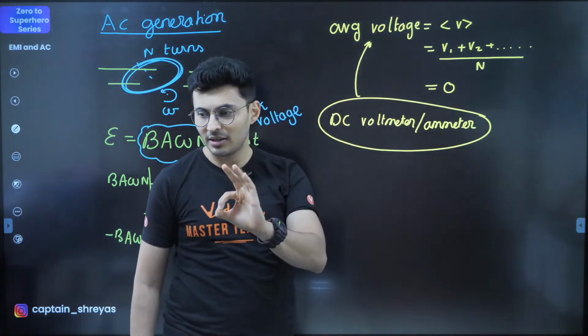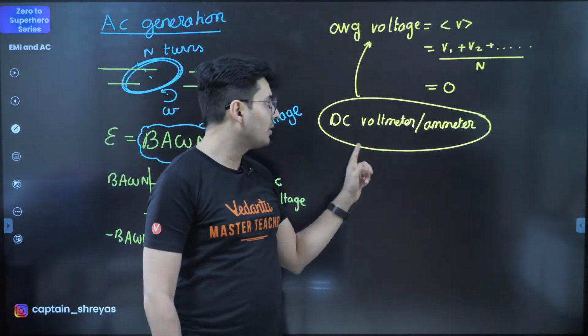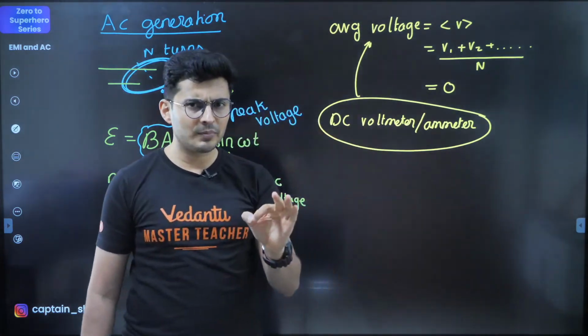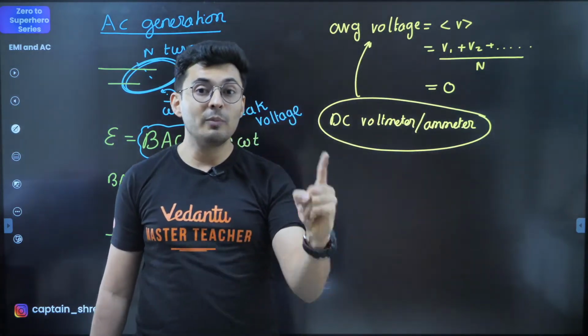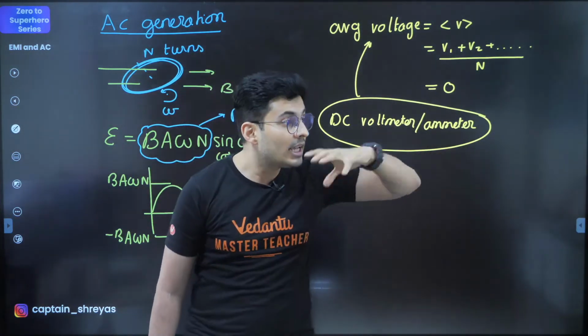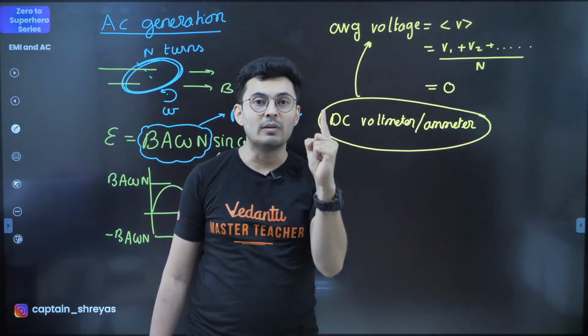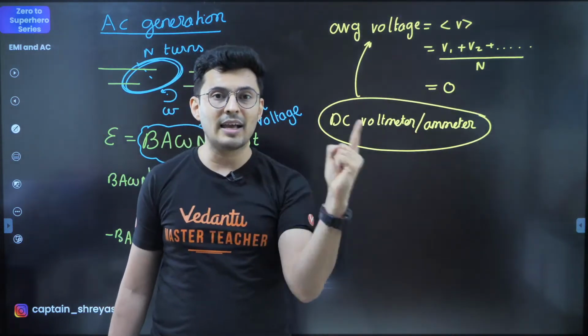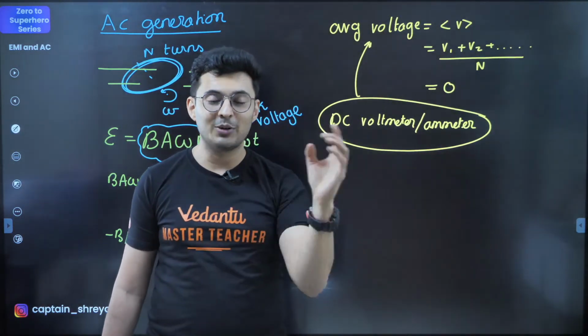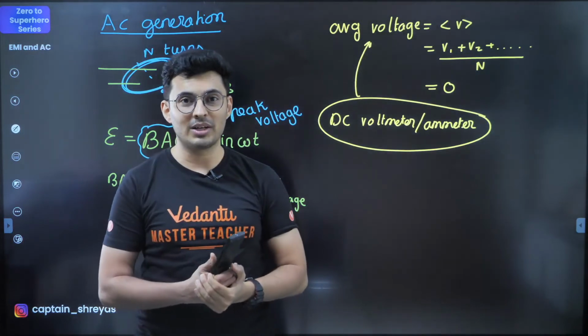That's very important. Also, it's very important to notice that if you use an ammeter, a voltmeter or a galvanometer to measure the voltage or current of an AC circuit, it will show the average value, because the reading shown by a galvanometer depends on the current or the volts being passed through it.